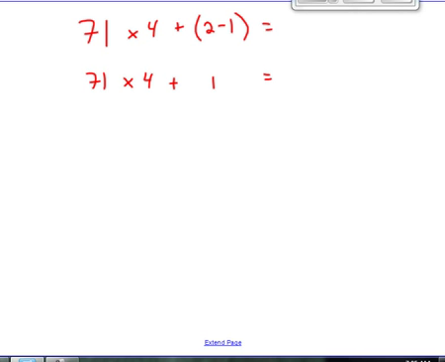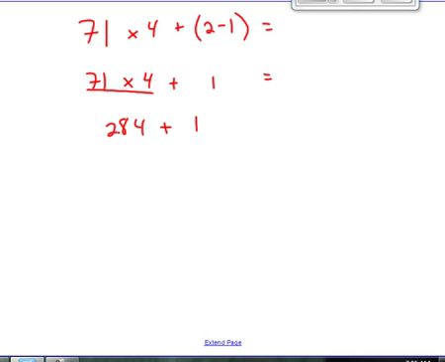So now I want to do exponents. There are no exponents. Then I want to do multiplying and dividing from left to right. Well, I've got multiplying right here, 71 times 4. If I do that, 4 times 1 is 4 and 4 times 7 is 28. And I'm going to rewrite the plus 1 as if I didn't do anything with it, because I didn't. Now any dividing? There is no dividing.